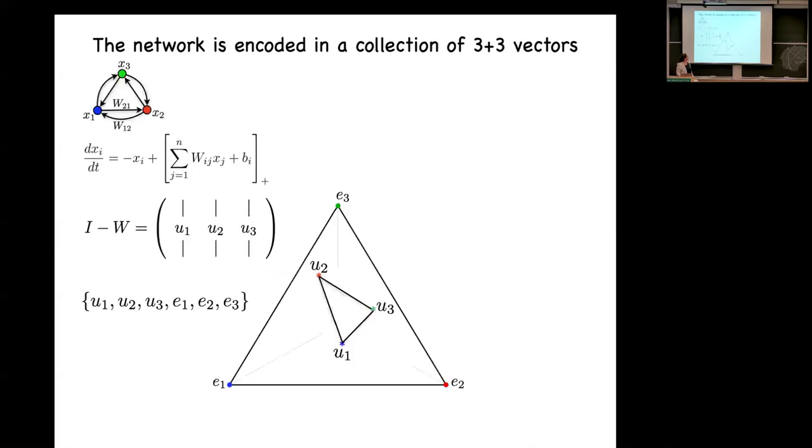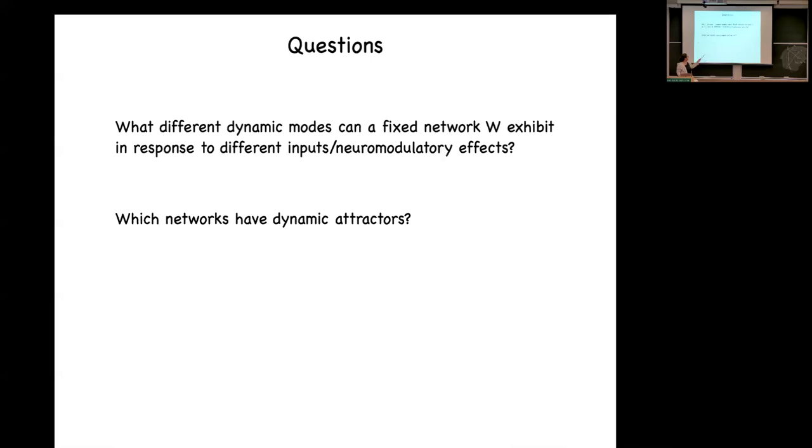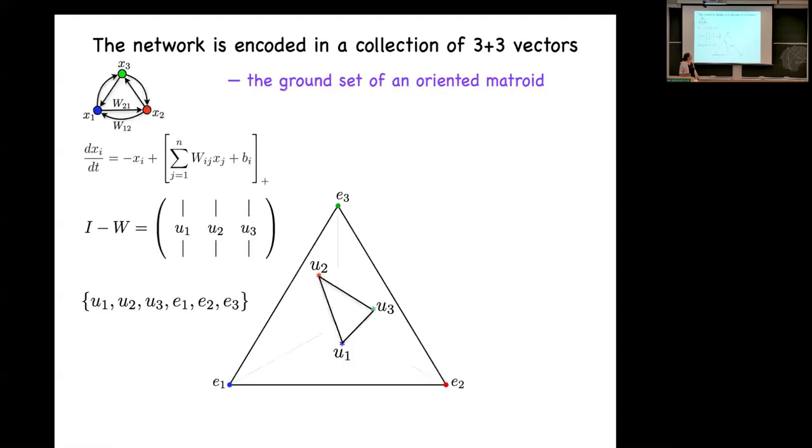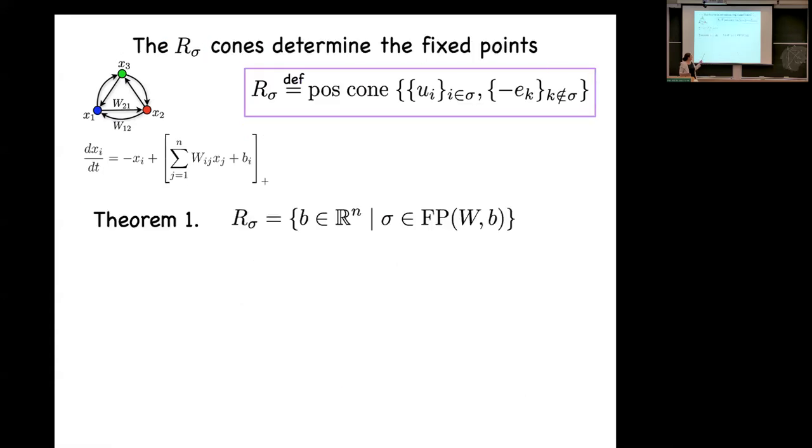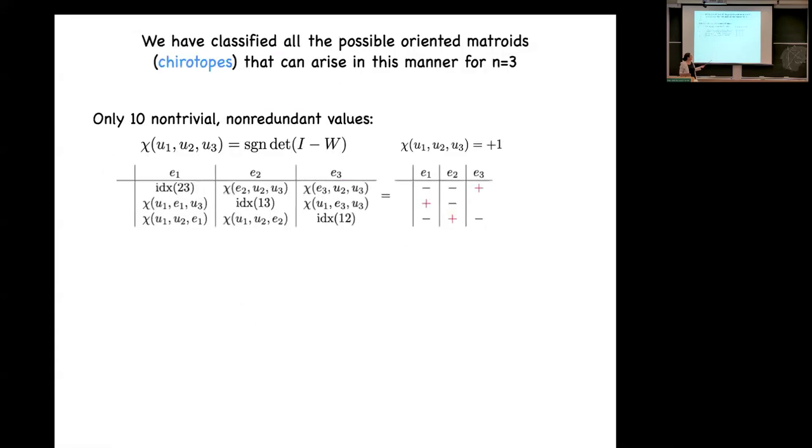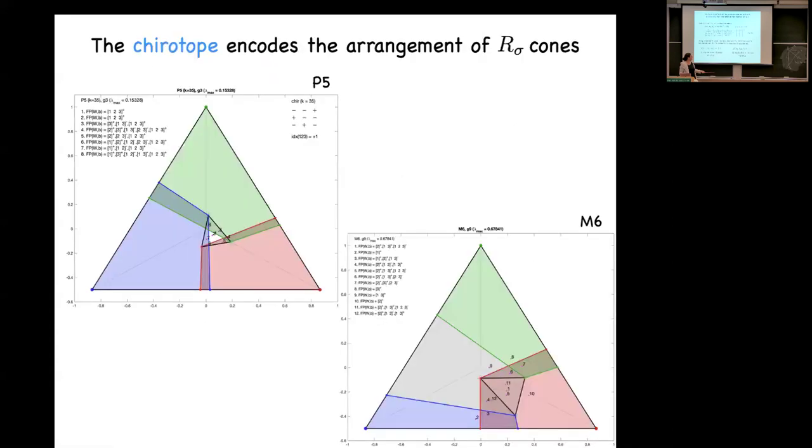And answering these questions about which networks have dynamic attractors as you vary B, and how the space breaks up, also benefits from an oriented matroid, a different one than the one we had in the previous project. Using oriented matroid machinery here also allowed us to understand the n=3 case in a lot of detail.